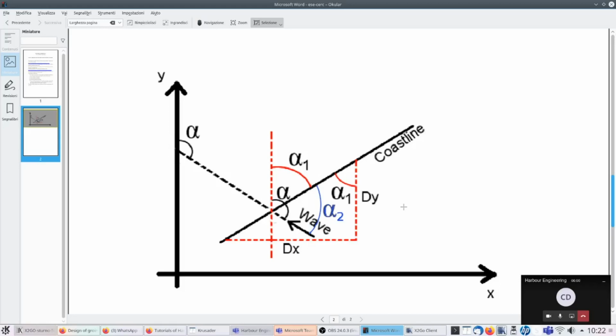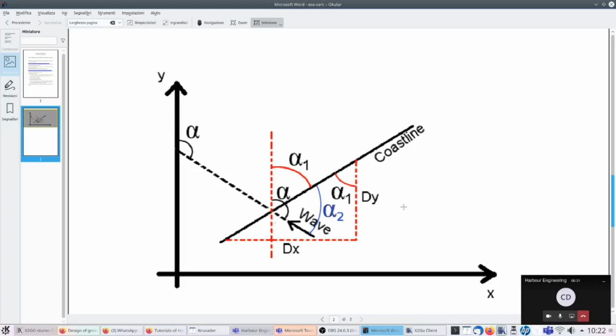Typically, we need data on sea depth at the breaker line, and data on wave height at the breaker line for a given time period or return period.